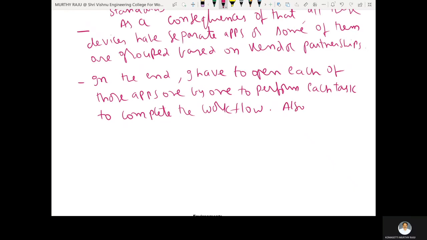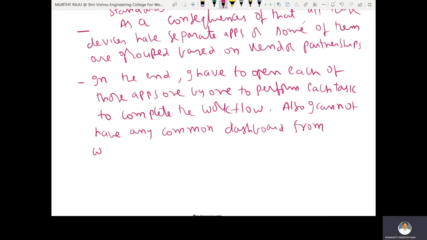Also, I cannot have any common dashboard from where I can monitor all my appliances.